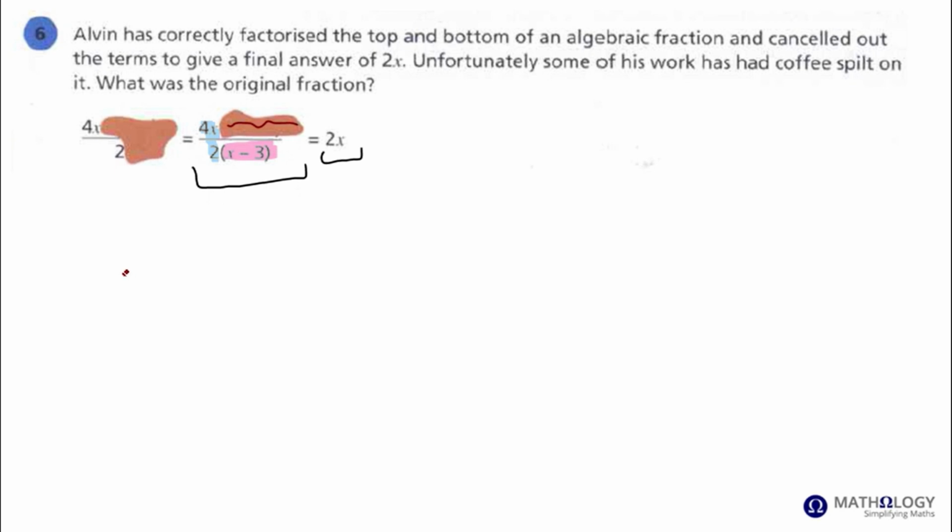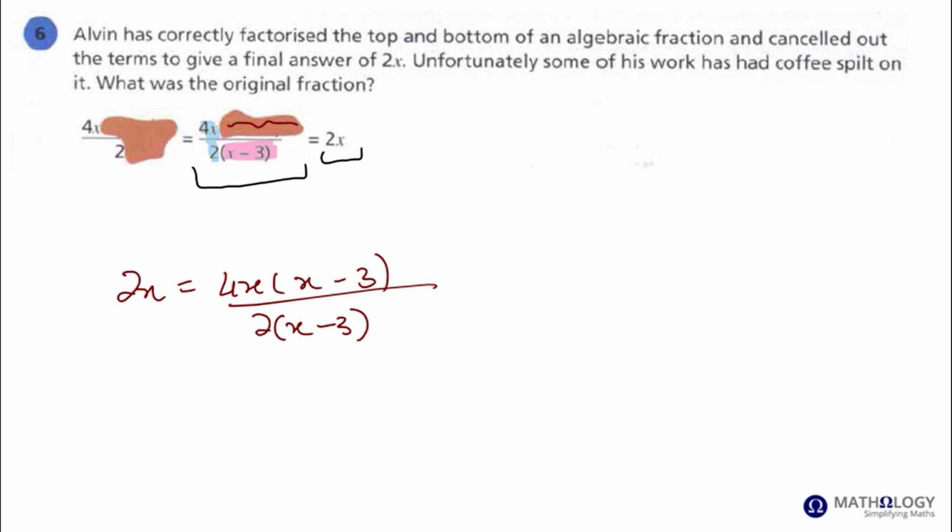In other words, 2x equals 4x times something over 2 times x minus 3. What's inside that bracket must be x minus 3 because when he cancels those two brackets, you'll get 4x divided by 2, which is 2x. So this step, you just erase that quickly. We have 4x times x minus 3 over 2 times x minus 3.